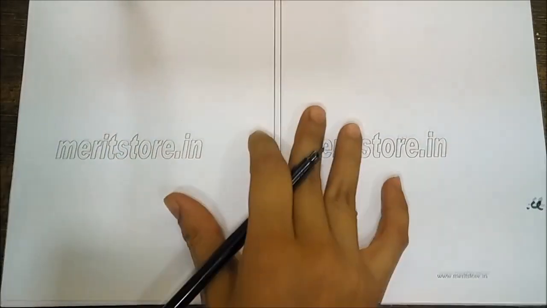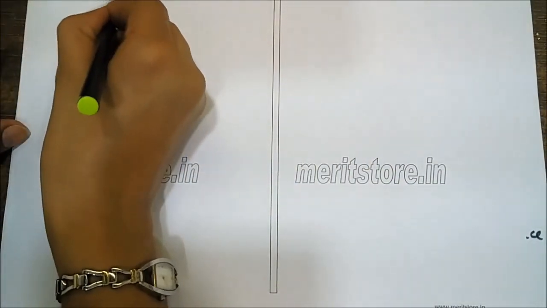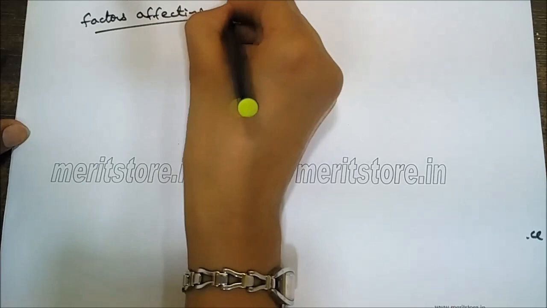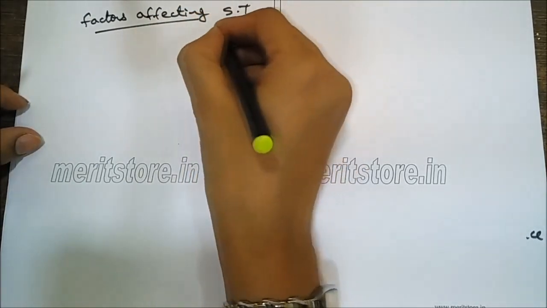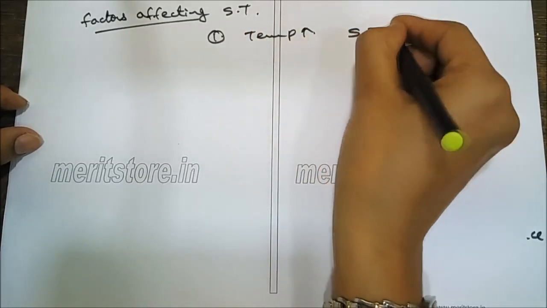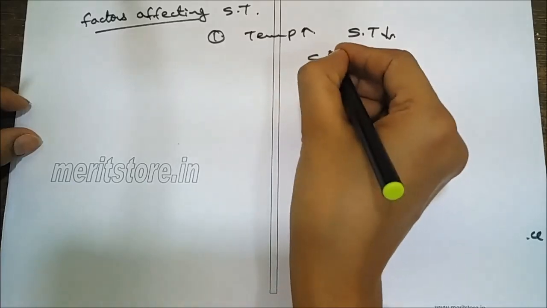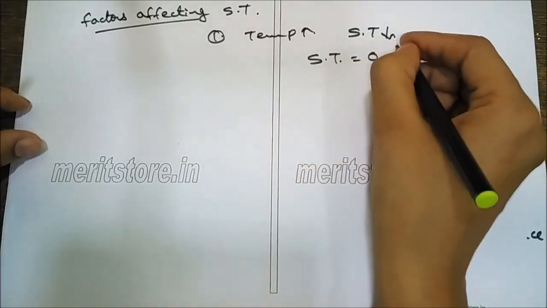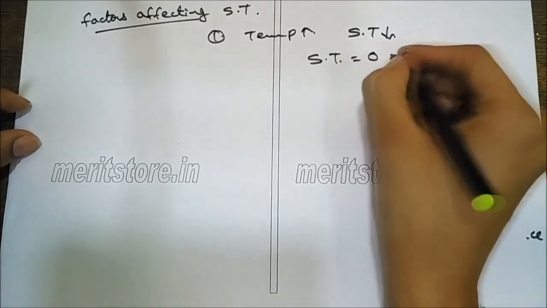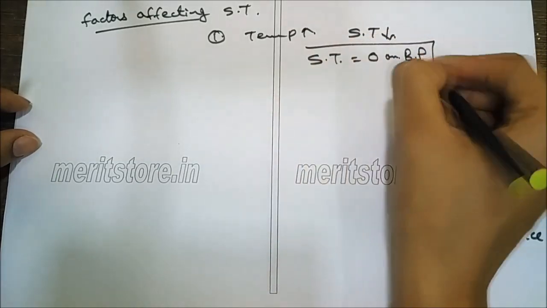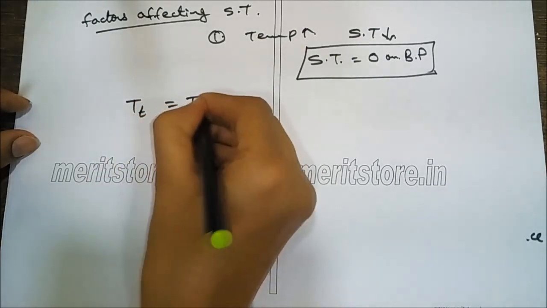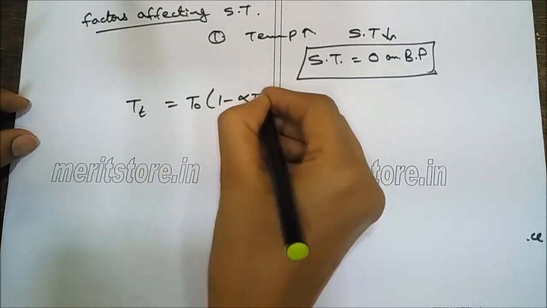Factors affecting surface tension: if we increase the temperature, then surface tension will decrease. Surface tension is equal to 0 at the boiling point. So we can write T = T0(1 - alpha T).